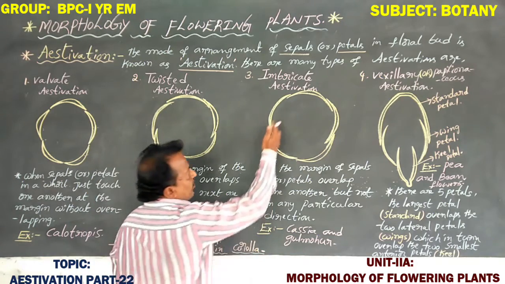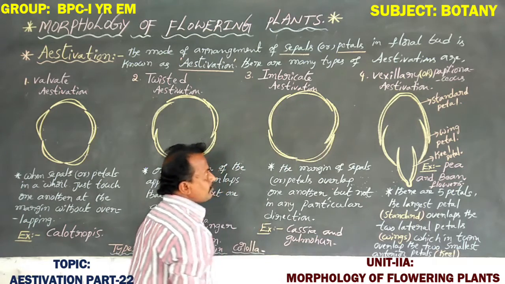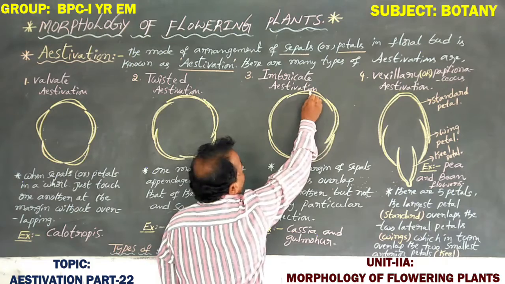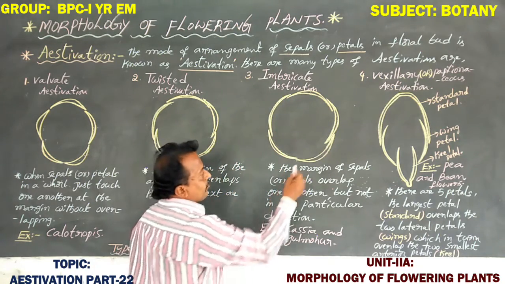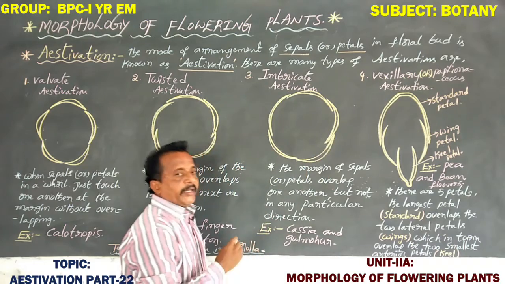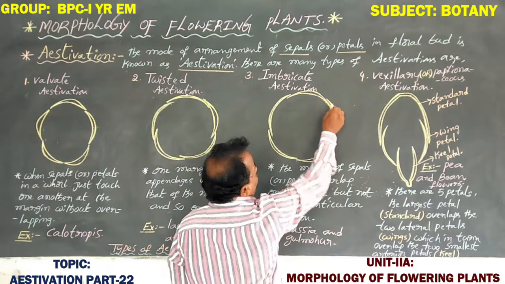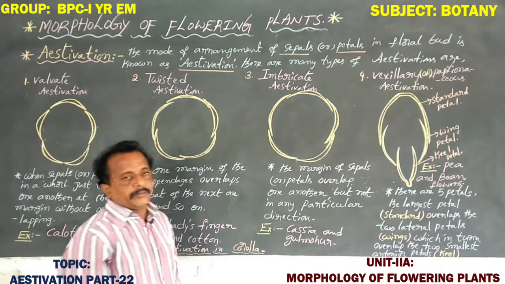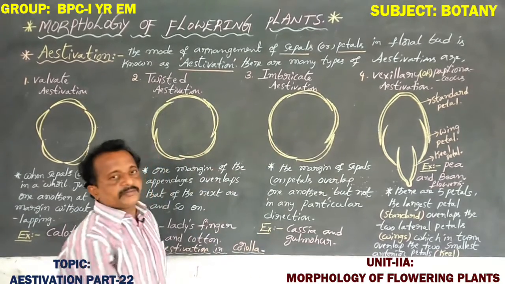Dear students, these are 5 sepals or 5 petals. Here the first petal is totally arranged on the inner side and the third petal totally on the outer side, while the second, fourth and fifth petals are overlapping. This is the difference between second estivation and third estivation.